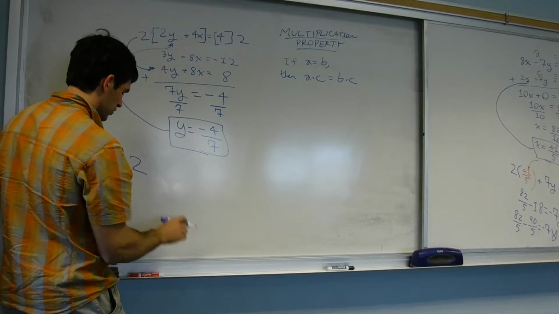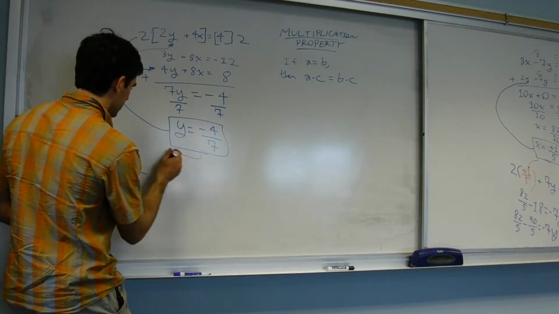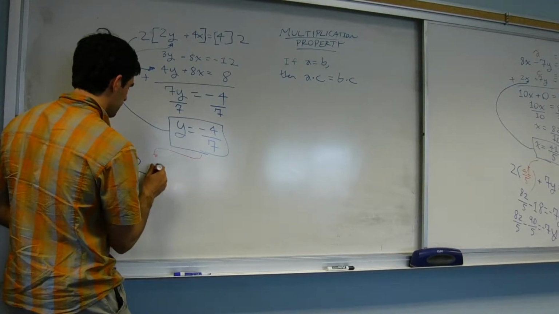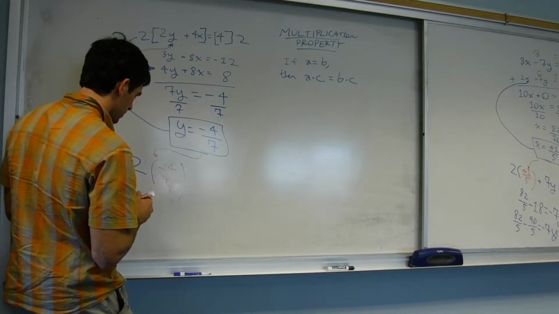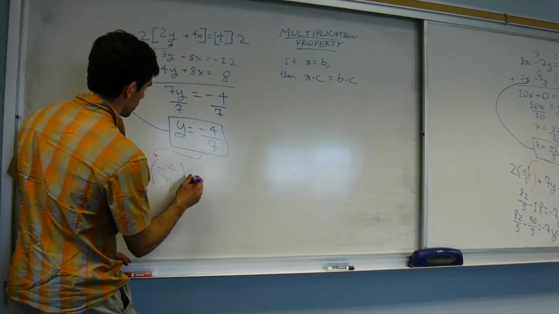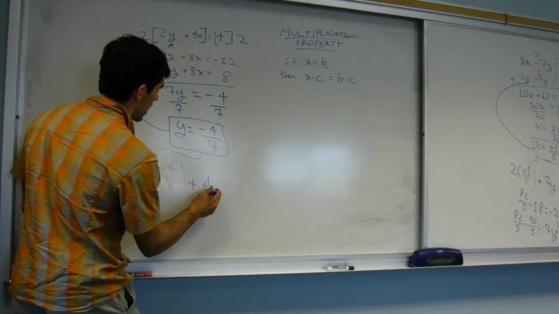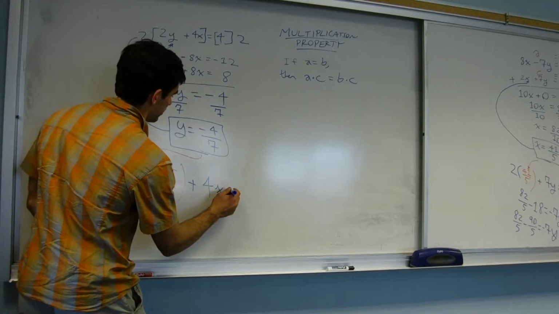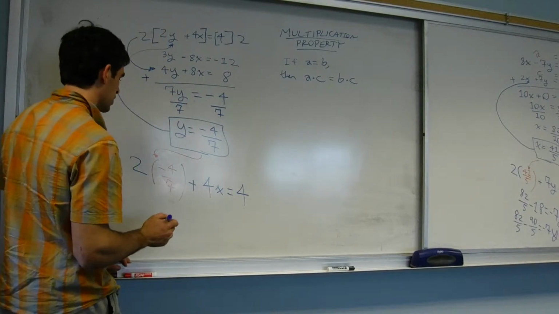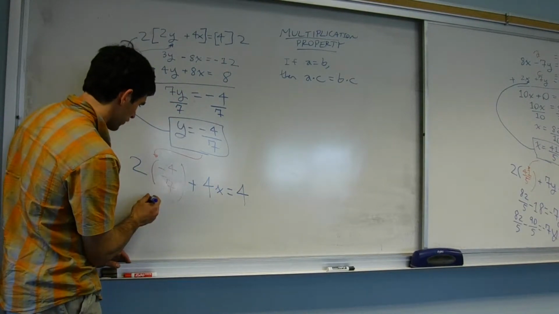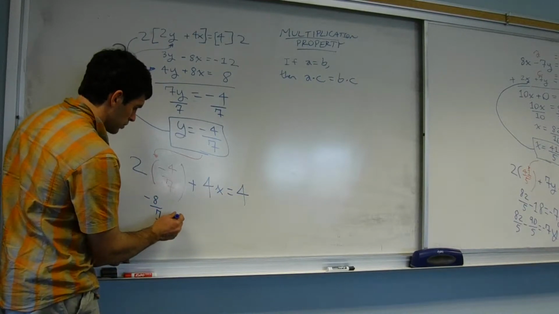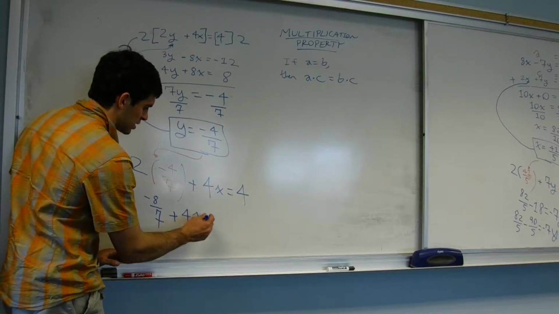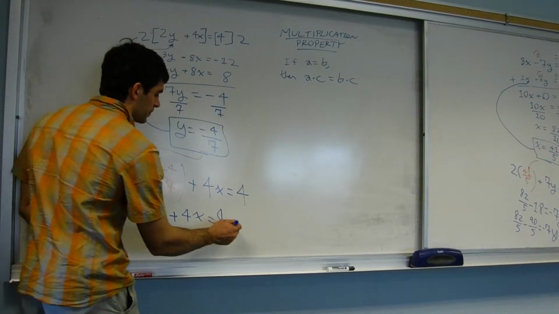So we get 2 times y, which is -4/7, plus 4x is equal to 4. So 2 times -4/7 is equal to -8/7, plus 4x is equal to 4.